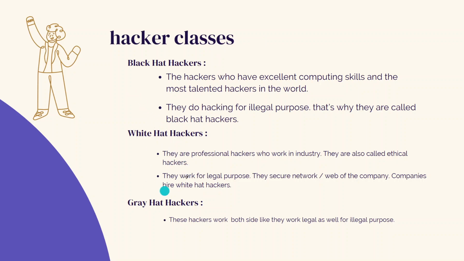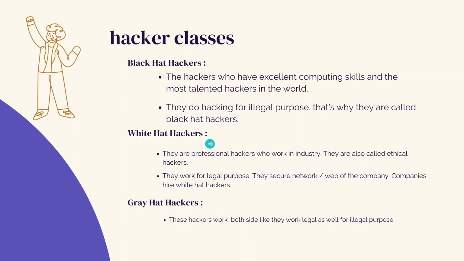Another is white hat hackers. They are professional hackers who work in the industry. They are also called ethical hackers. They work for legal purposes. They secure the networks of the companies that hire white hat hackers.